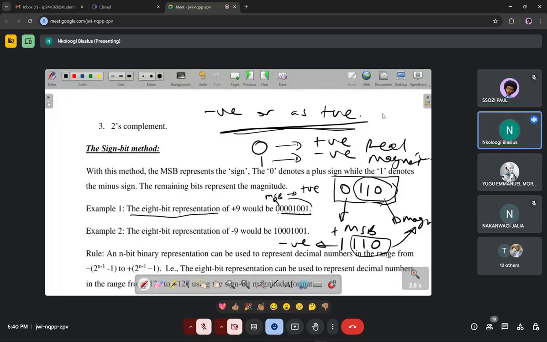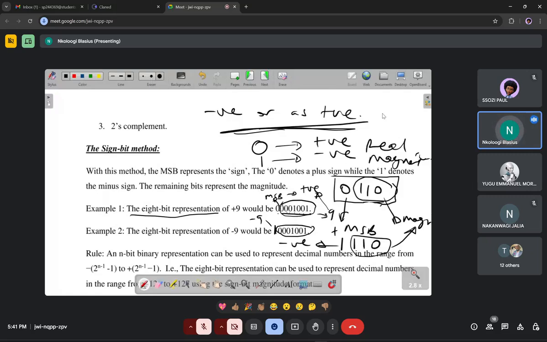So this value here is 9, and it is 9 but positive. When you look at this other number here, it is a 9, but because of a 1 here, it is a negative 9. That is how the sign bit magnitude operates.